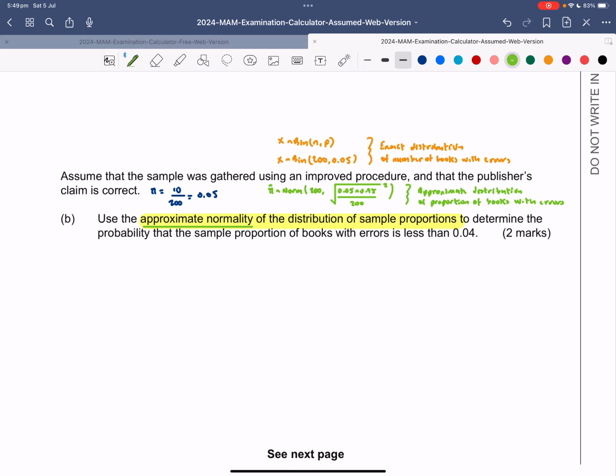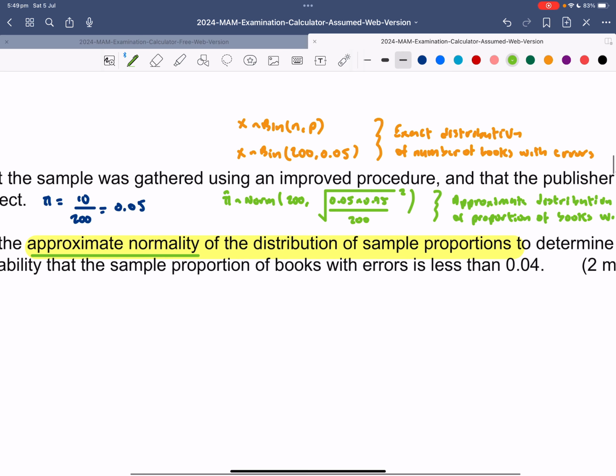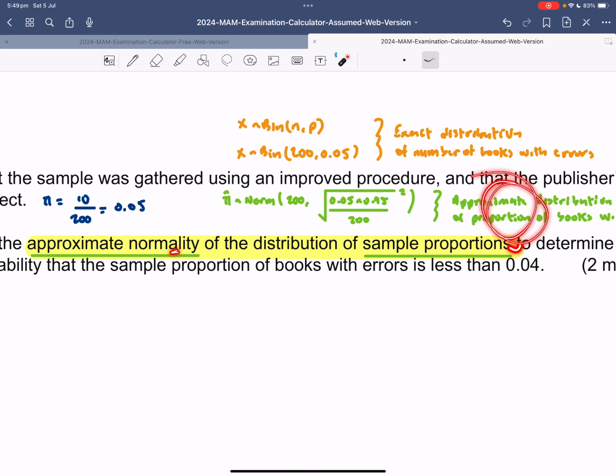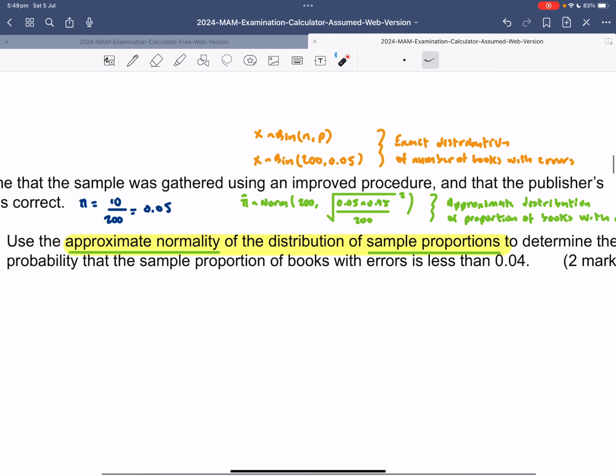So the fact that they use approximate normality and sample proportions is why I had to use a normal distribution. If they did not use those phrases and they just said the proportion of books with an error less than 0.04, then the exact distribution would have been given by a binomial, but because it said approximate normality of sample proportions, we're going to do a normal distribution.